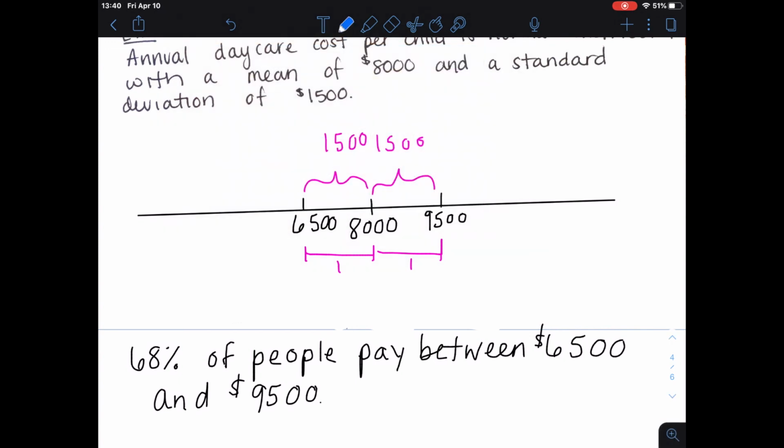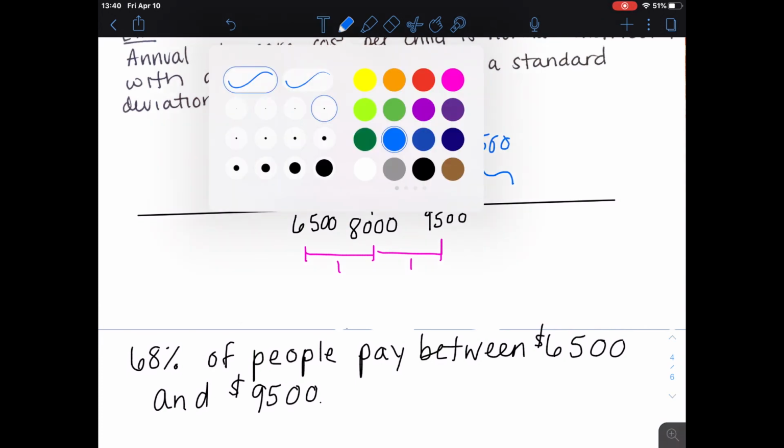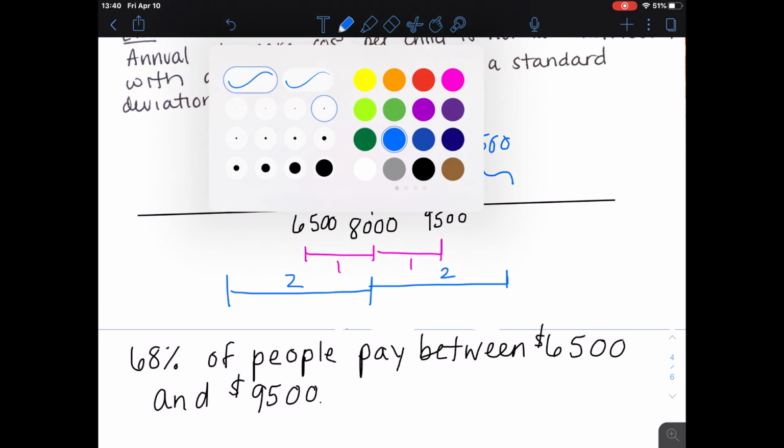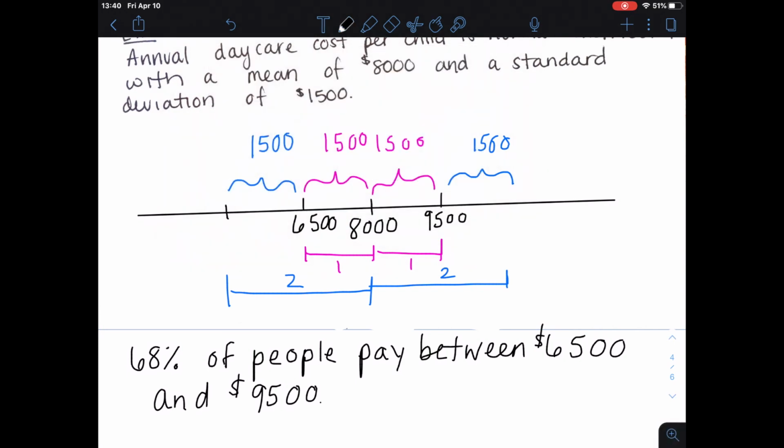Now if you go out another standard deviation, so you go out 1,500 more in each direction, this will have been 2 standard deviations. And the actual cost then, 9,500 plus 1,500 will be 11,000.